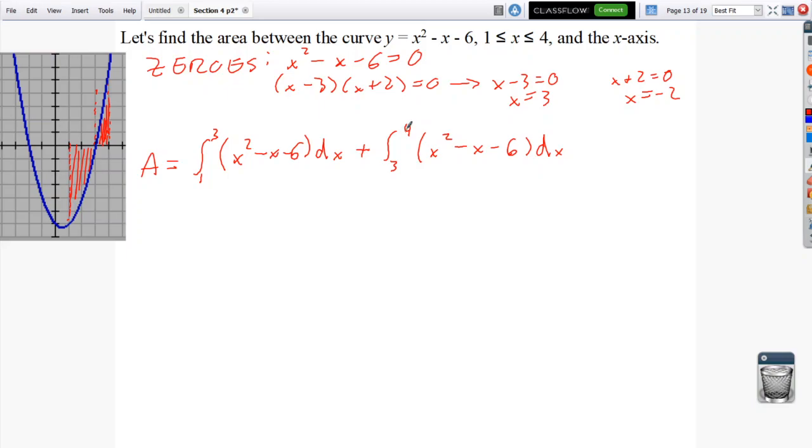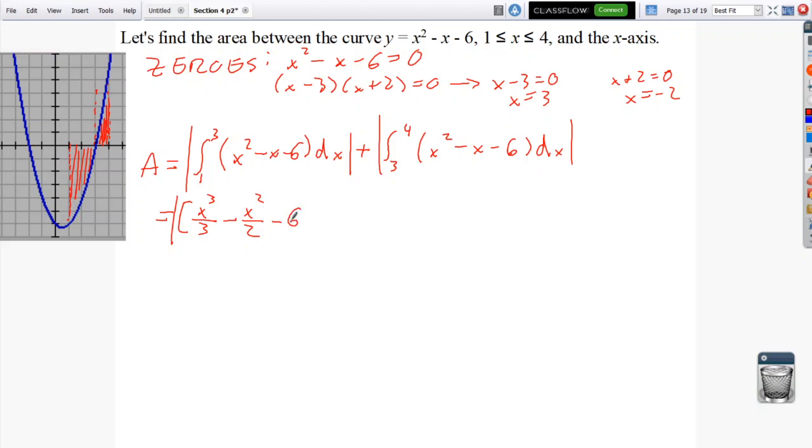In order to calculate the actual area, once I've subdivided my interval into positive and negative area, I need to toss out any negativity by taking the absolute value of both of those integrals. Now I'm just going to calculate that integral by hand like I have for all of the other problems today. The antiderivative of x squared is add 1 to the exponent and divide by the new exponent.